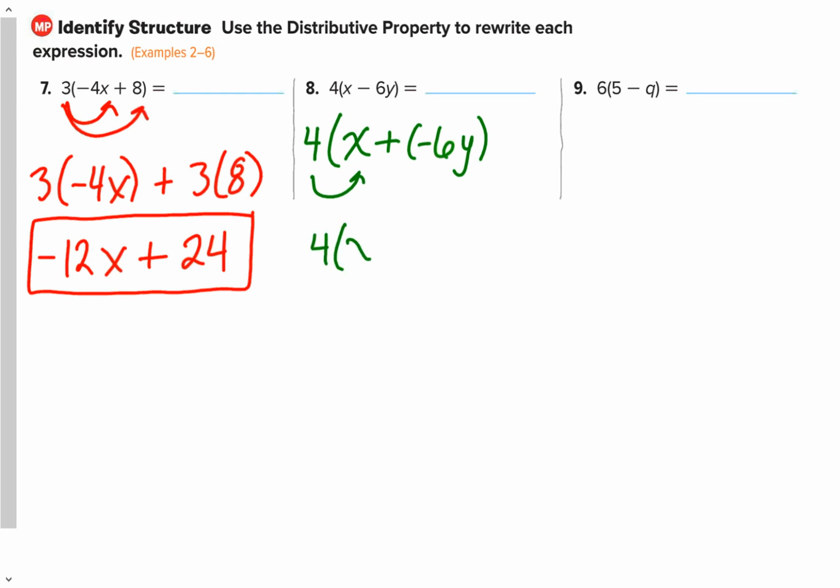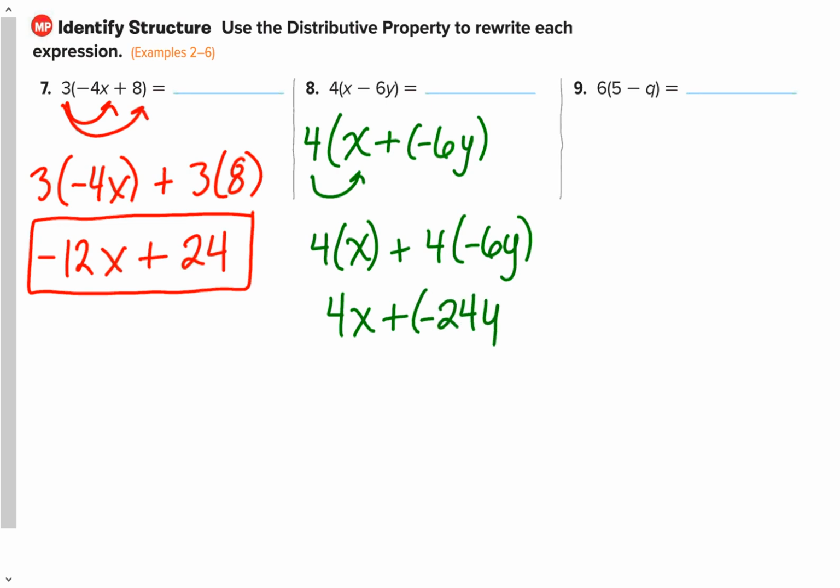So 4 times x plus 4 times negative 6y. Okay, so 4 times x is 4x plus 4 times negative 6 is negative 24y. All right, and then if you want to simplify it any further, it's negative 4x minus 24y.